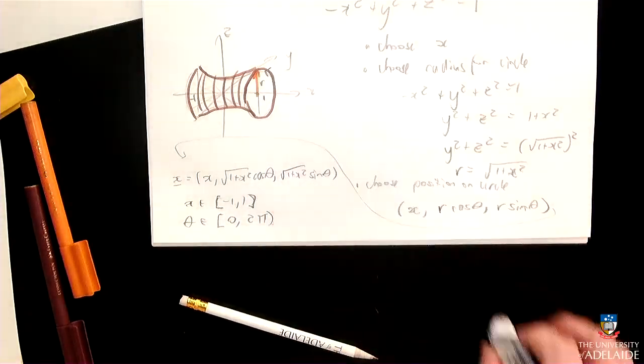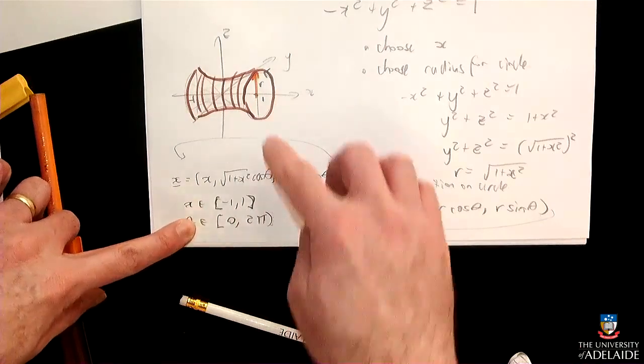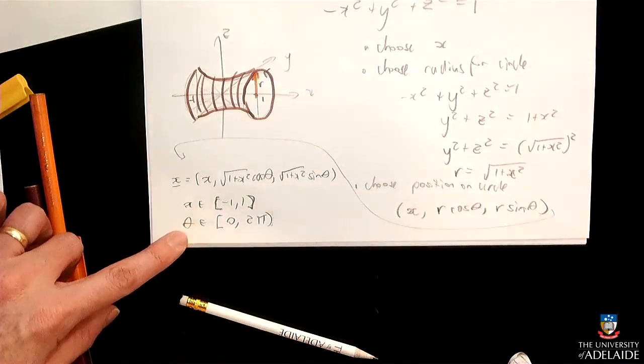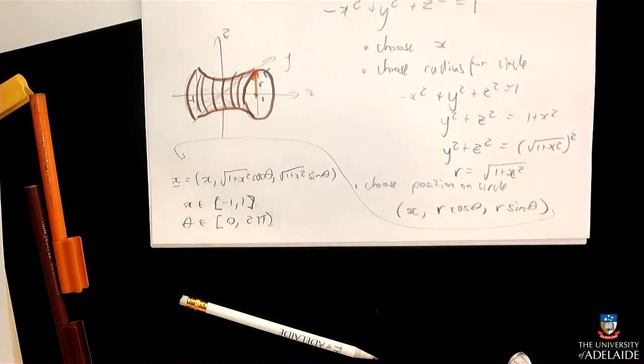So this would choose a position along here, and this will choose a position around the circle, and this root 1 plus x squared is the radius, which is based on the x that I'm up to. It's not as nice as I would like, but it is a perfectly good one. I'm sure there's more than one way of doing this.